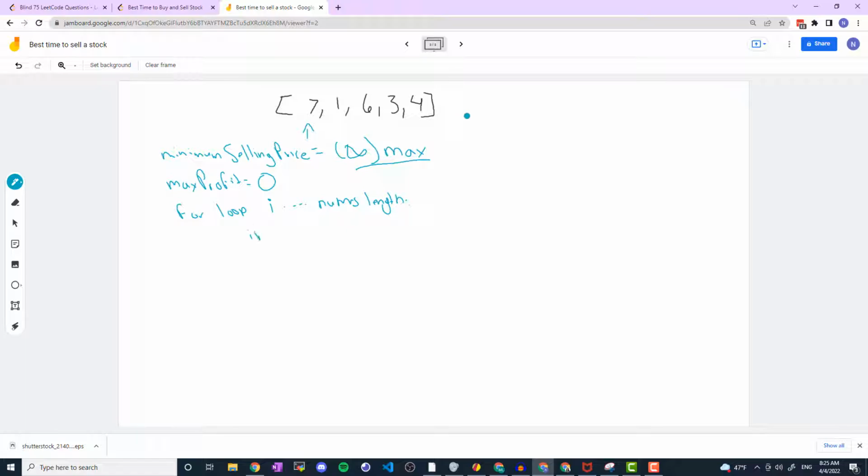So that's going to be our first comparison. If nums of I, meaning the present item we are seeing in our pointer, is less than our minimum selling price? If yes, then we have to replace this value for our current minimum price. So at the beginning it's gonna be 7, but eventually in the next iteration there's gonna be 1 because 1 is less than 7.